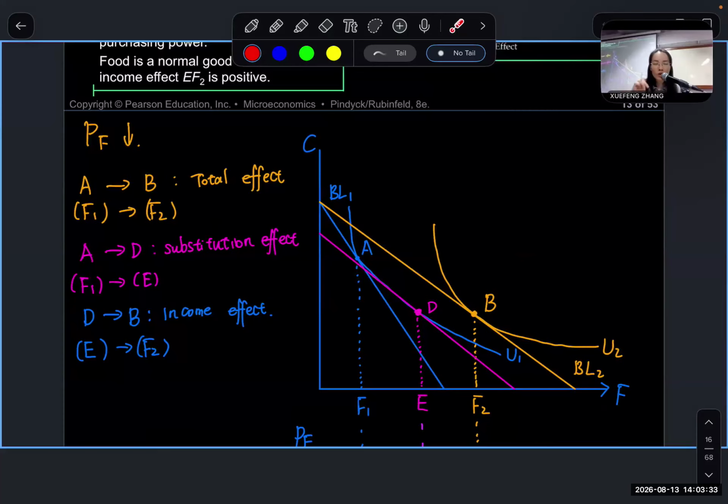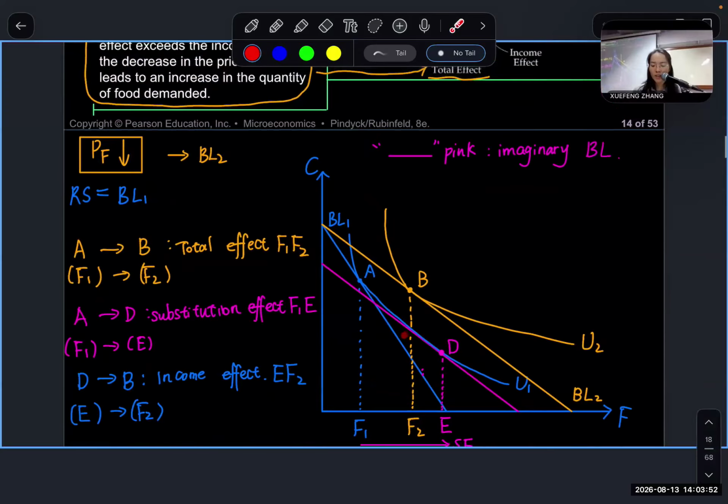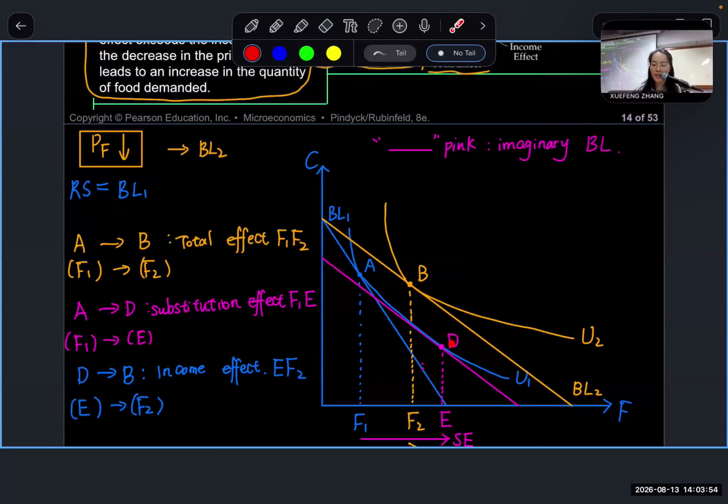for normal good. Okay, let me tell you the trick to draw the graph. For normal good, A, D, B. The order is A, D, B. Okay, look again. This is for normal good. For inferior good, the order is A, B, D. This is for inferior good.